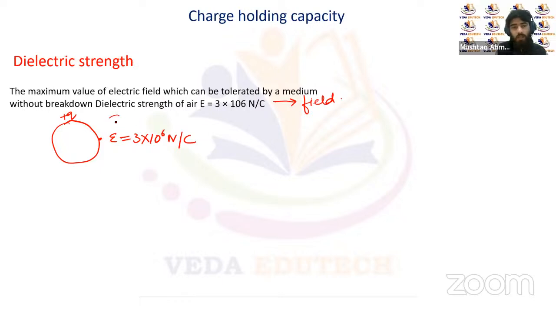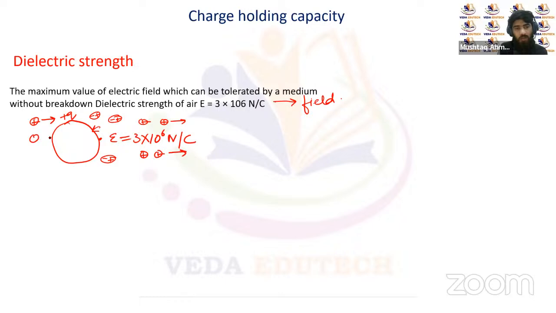It means that there will be two poles of the charges here for this medium. One will be the negative pole, another will be the positive pole, or we can say dipoles will be created. And this medium is going to break, and the negative charge of this dipole is going to fall on the surface of this conductor, and the positive charge is going to move away from this conductor, right? That's why we say that if any further charge is supplied on the surface of this conductor, the conductor is going to leak the charge.